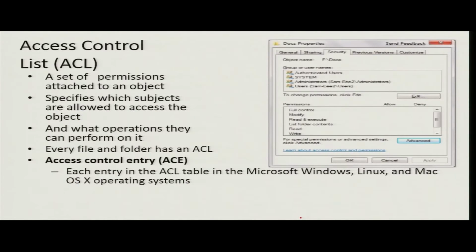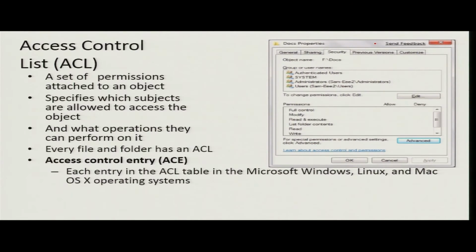So, access control list, again, is a set of permissions attached to an object. In Microsoft Windows, if you open any file or any directory, you right click and open properties, then you will see that there is a security tab, and that security tab gives you the access control list, and usually it is role based.